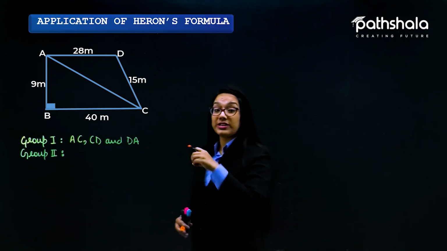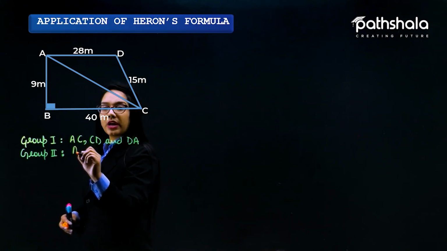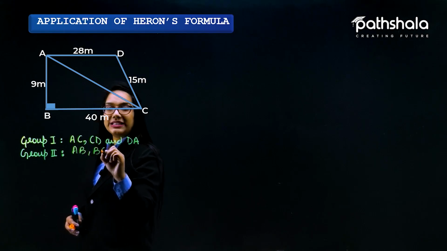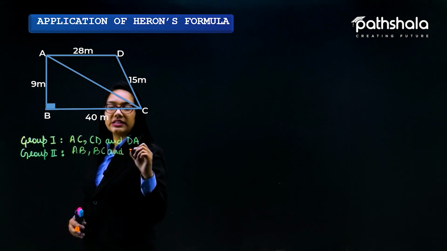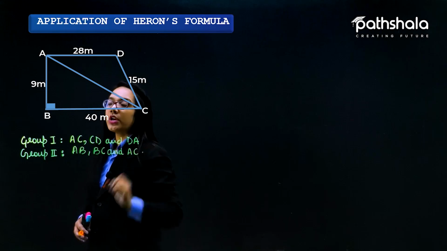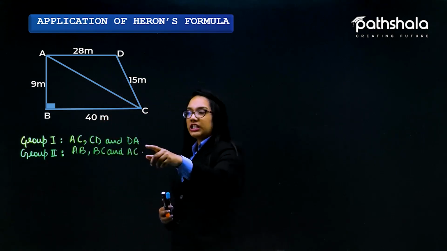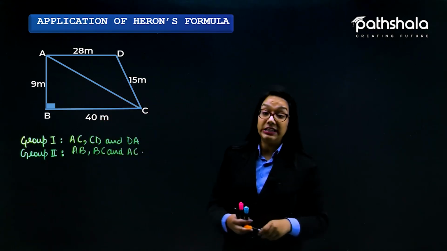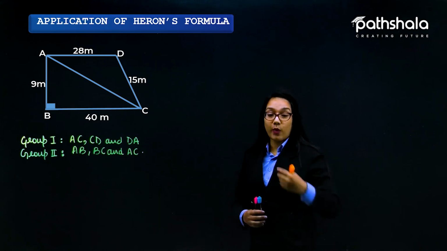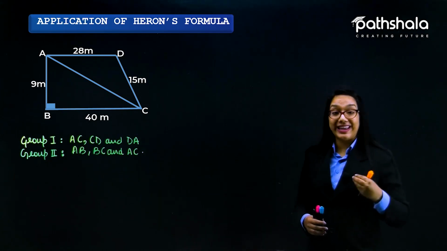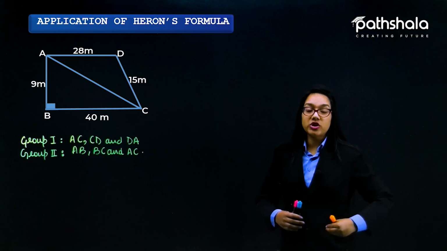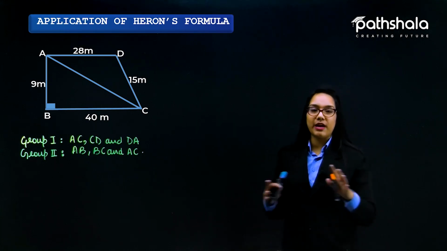Group 2 was walking through the lane AB, BC, and CA or AC. So group 1 was walking through these and group 2 was walking through these. The question asks us to find the area cleaned by them, so we just have to calculate the whole area which is cleaned by them.